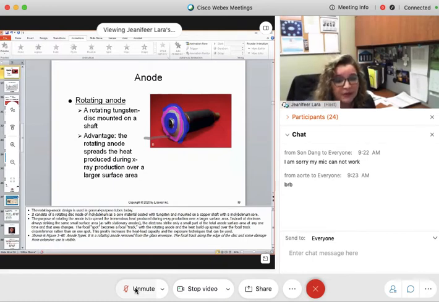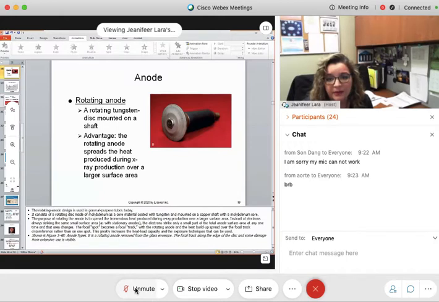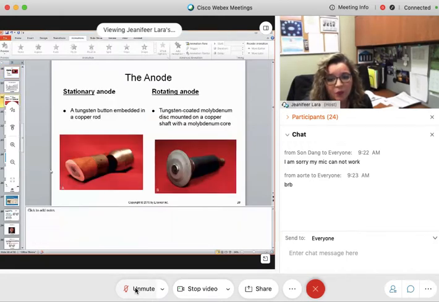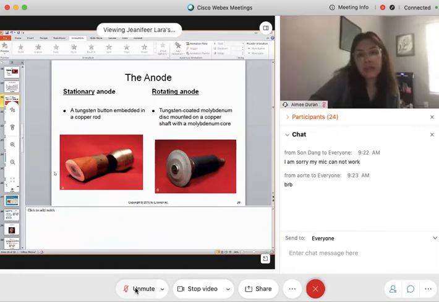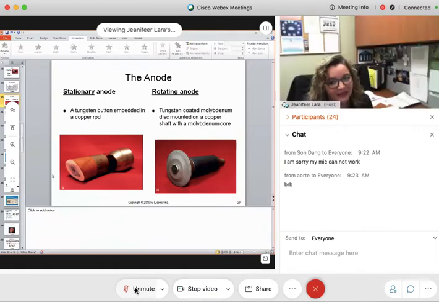If it were going to just hit a stationary tube like this one, what was the disadvantage of the stationary tube? It wouldn't be able to dissipate. It's going to hit the same over and over at the same focal spot.